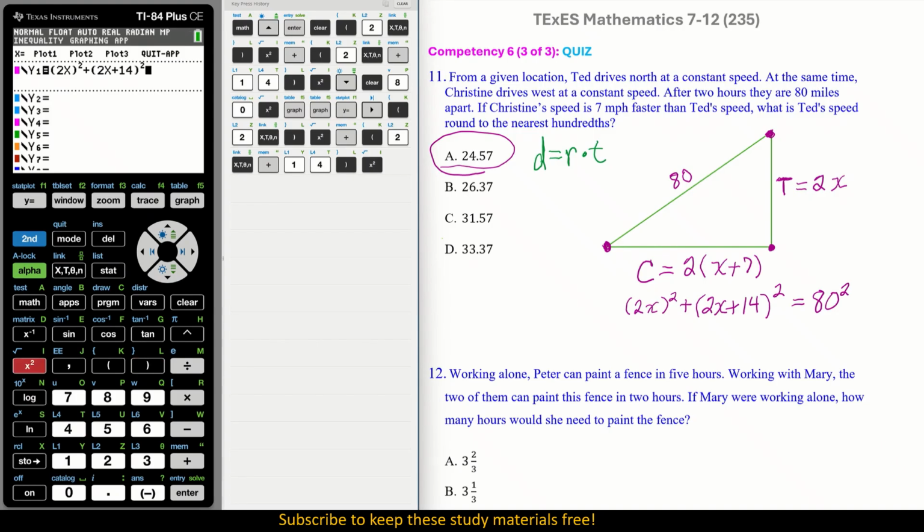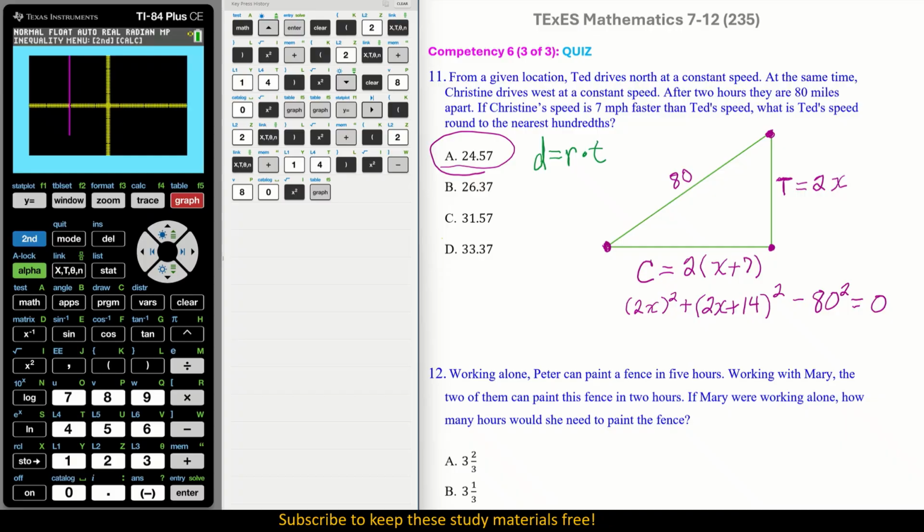Now, we need to put this whole equation that we built equal to 0. So how do we do that? Well, I'm going to erase this. Basically, what we're doing is moving the 80 squared over and making the whole thing equal to 0. So put minus, natural subtract, okay, and 80 and square it.